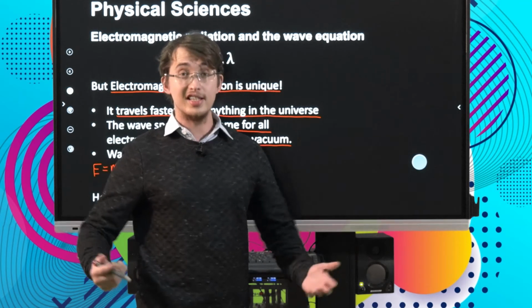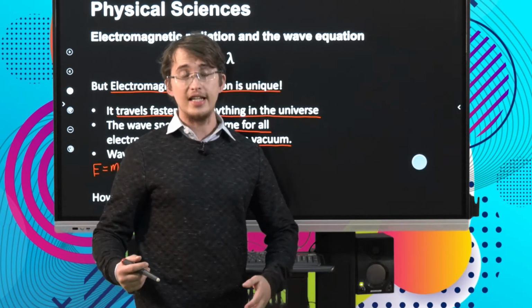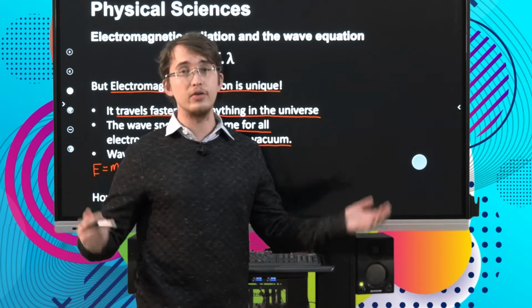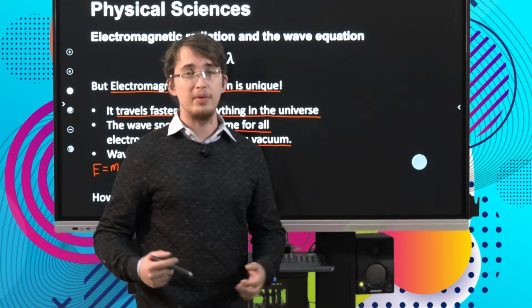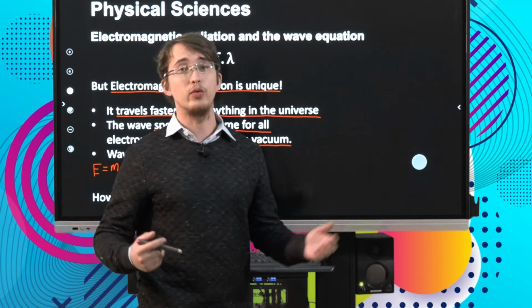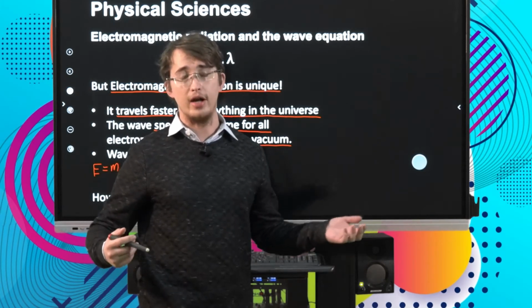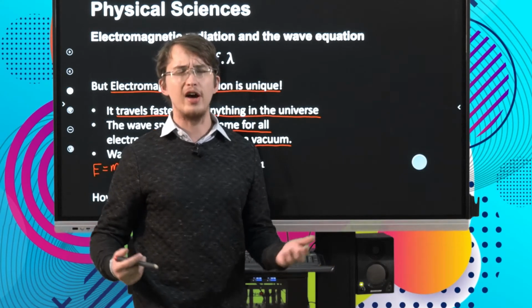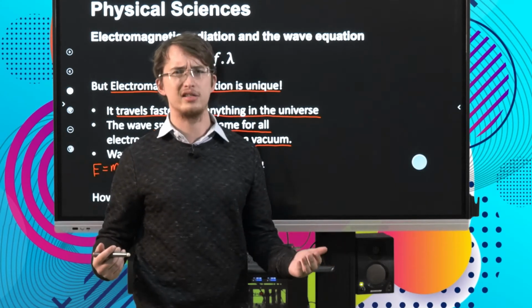So how fast is that? I mean, it seems pretty big a number, right? It's got 8 zeros after that 3. I mean, think about it. When you're driving on the road in a suburban area, you're only doing 60 kilometers per hour. So how fast is light in comparison to that? Let's have a look.